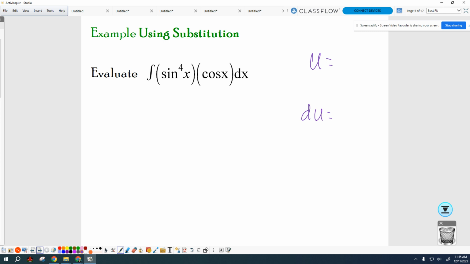Sine is cosine's derivative, cosine is sine's derivative. Okay, one of them's got a negative floating around in there, but that counts as a constant to me. One of them's being raised to a power.